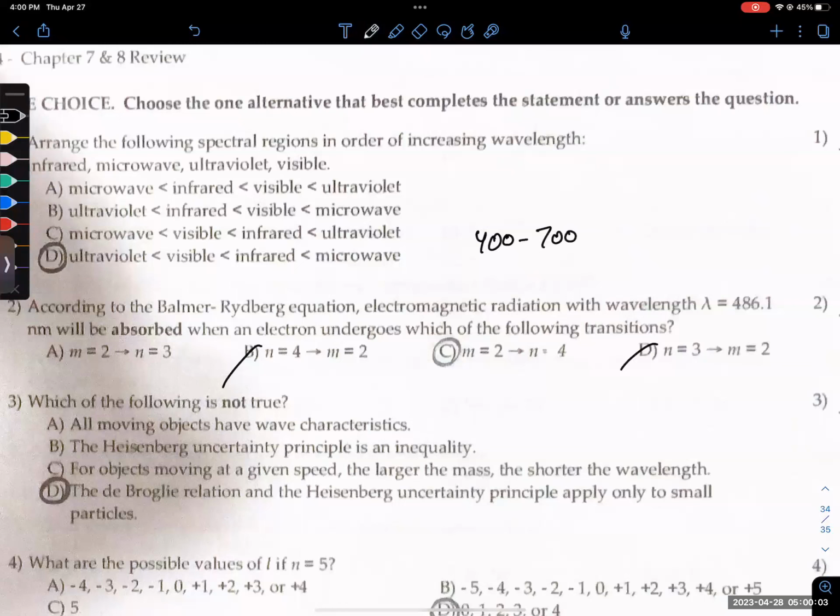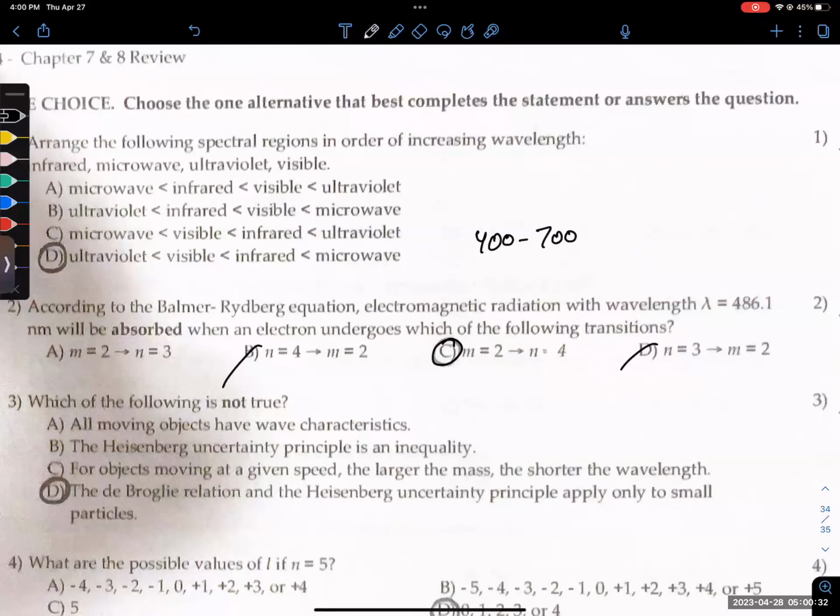Anything in the 400 region is like purple, and purple has a higher energy than red. So if it's 486, that's a smaller wavelength in this range, so it would have a higher energy. That's what would lead me to C instead of A, because A is only one energy transition, whereas C is two energy transitions. And since we know it's higher in energy, I'm gonna go with C.